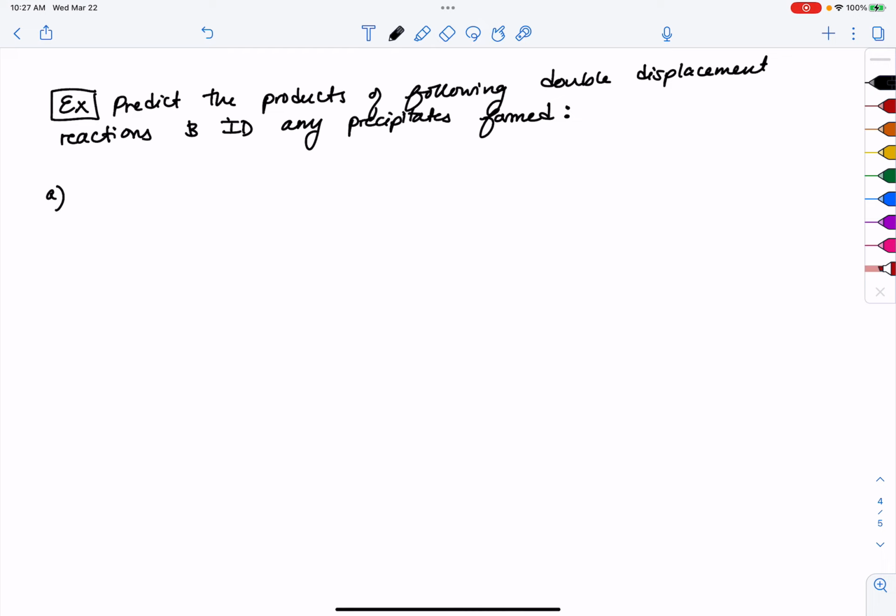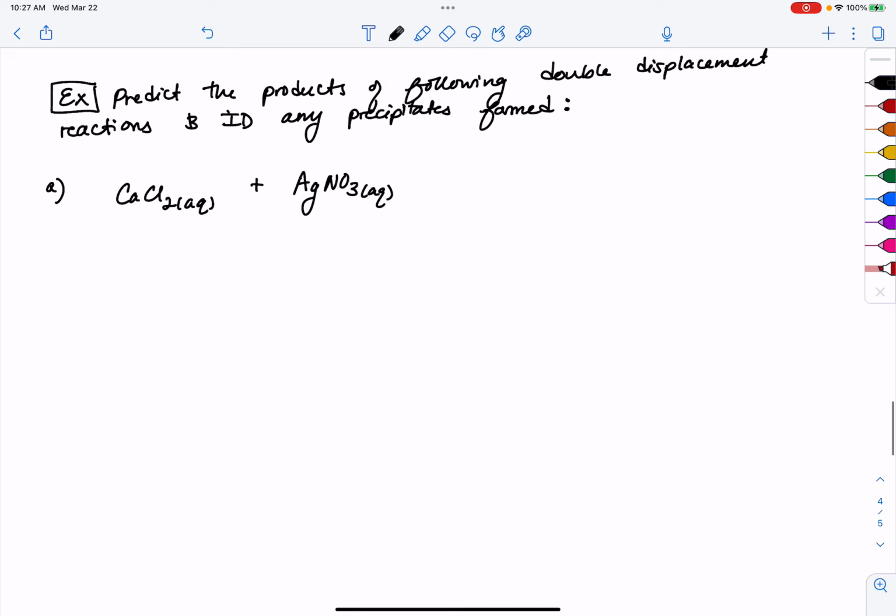So let's first look at a reaction between aqueous calcium chloride and aqueous silver nitrate. So we're looking at our two reactants, our two solutions of these aqueous or dissolved ionic compounds.